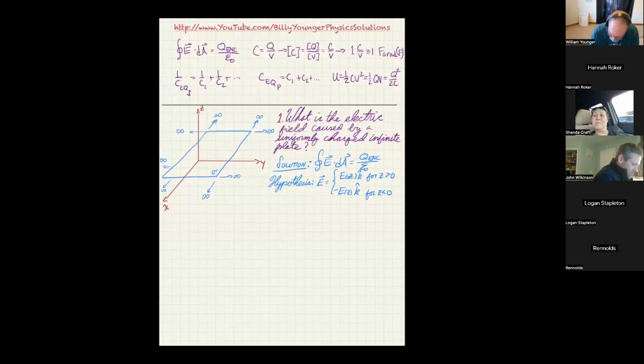So what you can do is, and we normally, by the way, use a cylinder. One of my students asked the other day, why couldn't I use a square? And I'm just going to show you, you can. It doesn't really matter. So I can take a purple surface right here that's going to be my Gaussian surface.